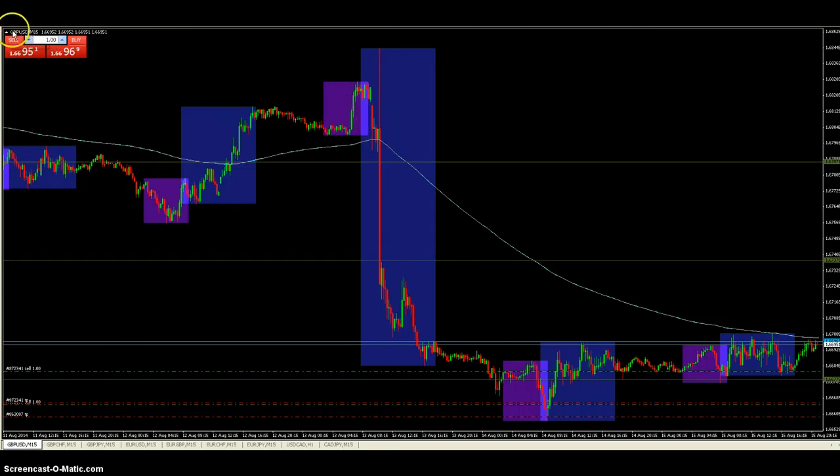So in the case of this pair, GBP USD, the base currency is pound sterling, UK pounds. So for example, if your broker had a 5,000 unit minimum order, then the smallest order you could place would be 5,000 pounds sterling, 5,000 British pounds.